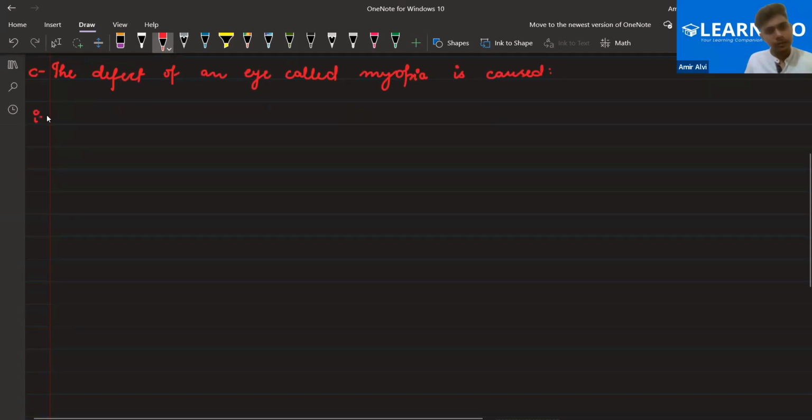First point is due to the high converging power. When the eye is suffering from myopia, the rays get converged at a shorter distance. They get focused at a shorter distance than the retina, than the actual distance.